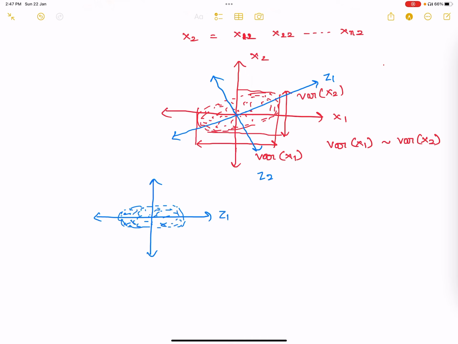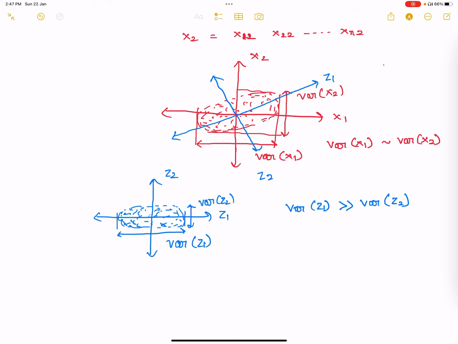The percentage of variance explained in Z1 is this, but the variance explained in Z2 is this. Earlier the variances of x1 and x2 were comparable, but the variance of Z1 is much greater than the variance of Z2.